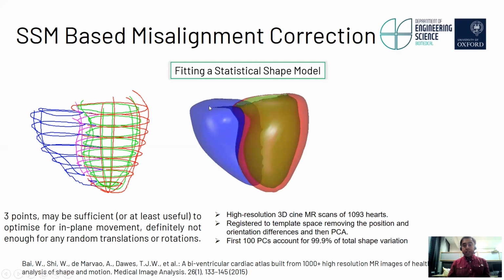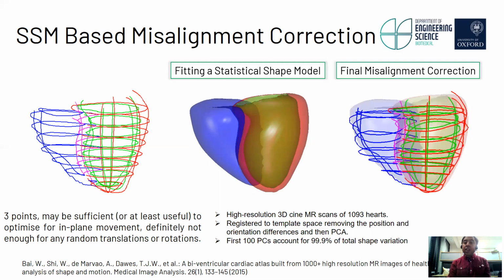So we tried to optimize the consistency between the model and the contours so that the distance between the contours and surface is minimized. Now, after this step, we get an approximate representation of the heart mesh. And then we try to optimally align these contours to this heart surface, but this time considering any out-of-plane movements also.